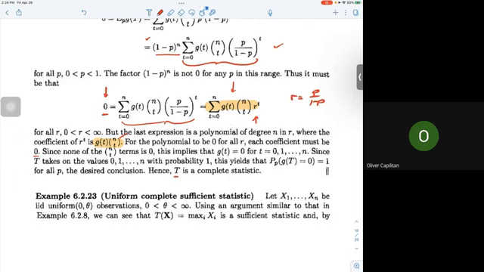Any questions or clarifications? We have shown, based on our definition, that the family of binomial distributions is complete. Therefore, T is a complete statistic.